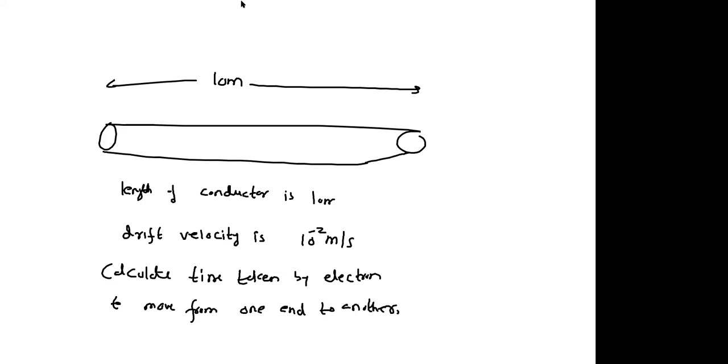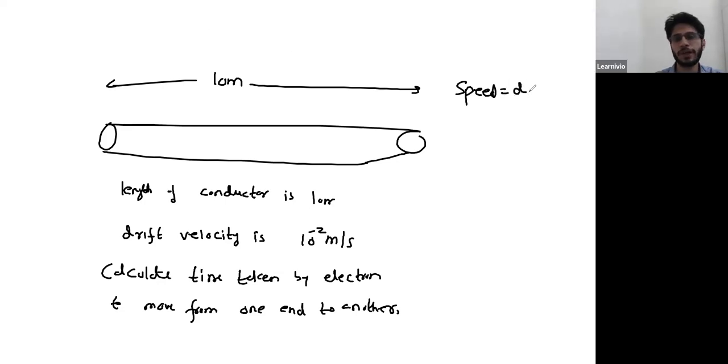No one calculated it? See, the simple formula that you can use here is speed is distance upon time. The speed with which the electron is moving is 10 raised to the power minus 2. The distance that it will cover is 10. Now calculate time, Fatima and Afroza. Jubena got some answer, though Jubena is making some calculation mistakes.